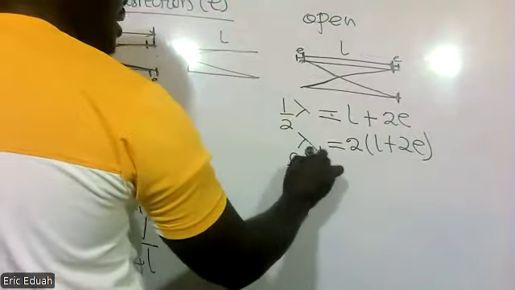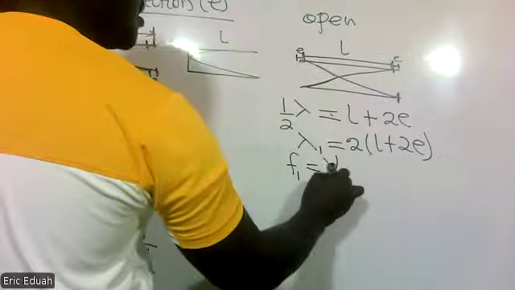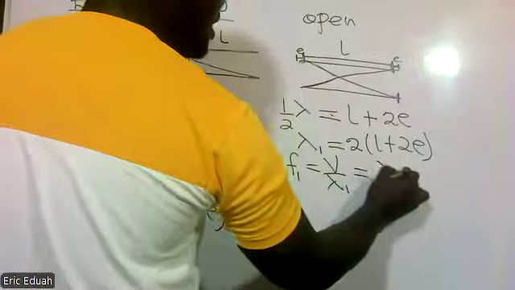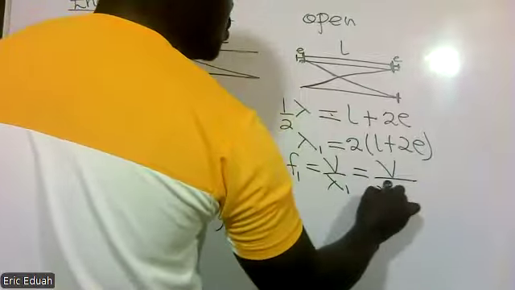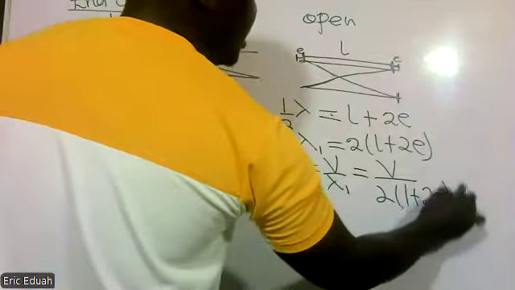F1 for open pipe, when there is a consideration for end correction, is equal to V over 2 times L plus 2E.